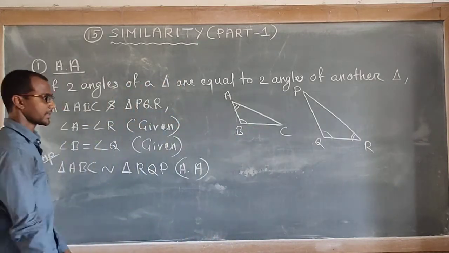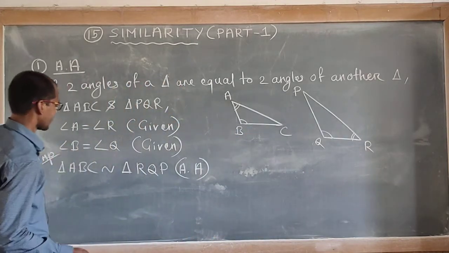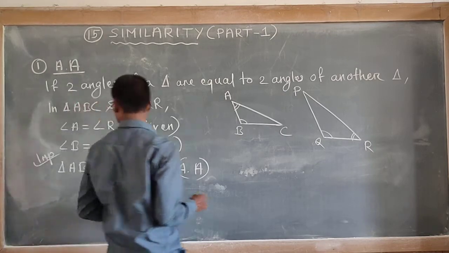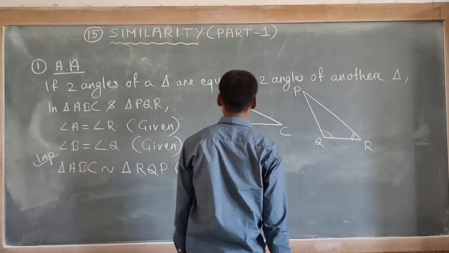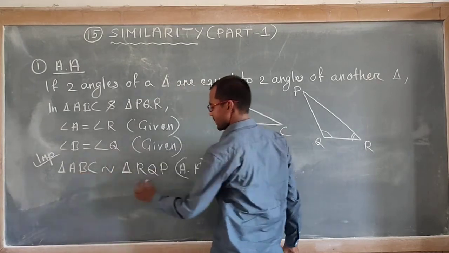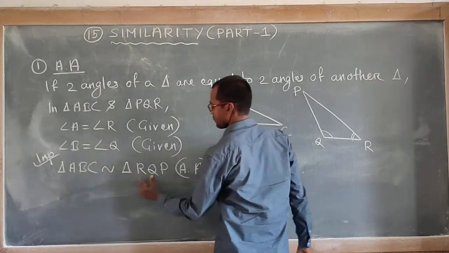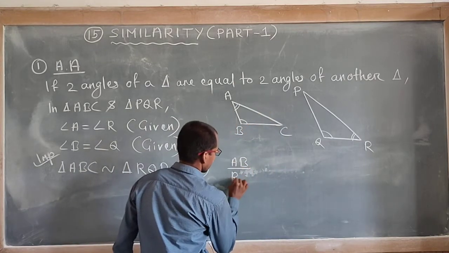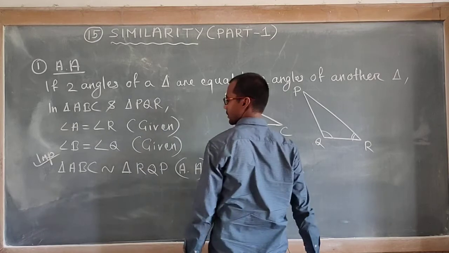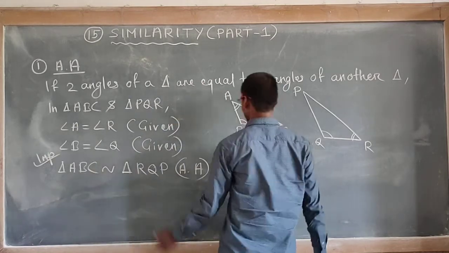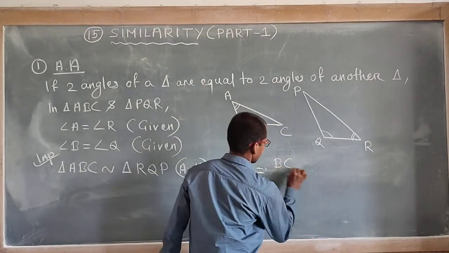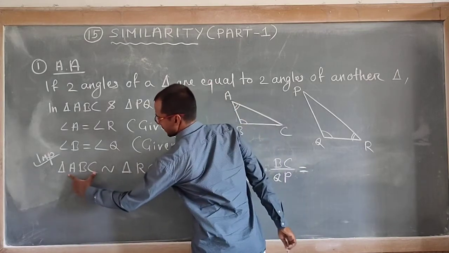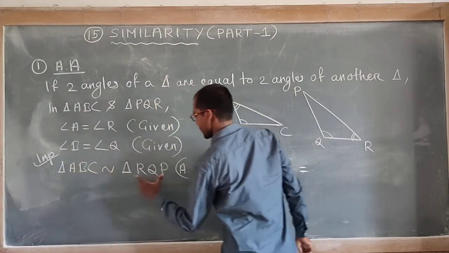Then what about the sides? They will be proportional. So AB by RQ is equal to BC by QP is equal to AC by RP.